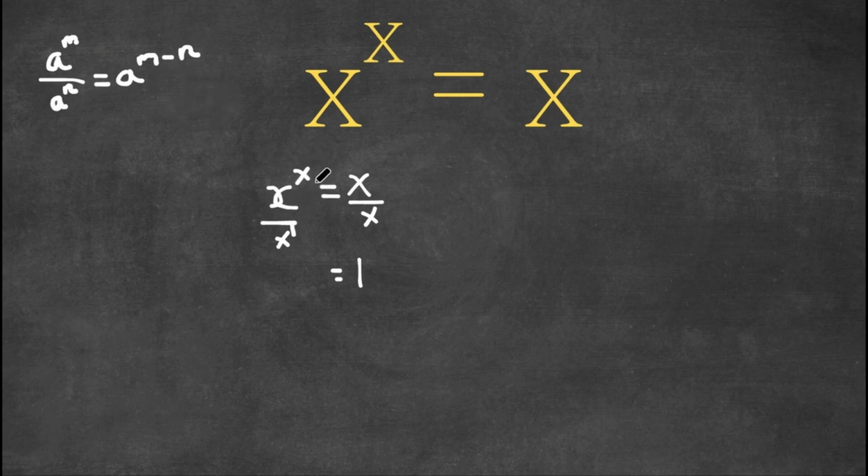Right here we have x to the power of x divided by x to the power of 1. And x in this case is a, x is m, and 1 is n. So if we put our variables into this form, we get x to the power of x minus 1.